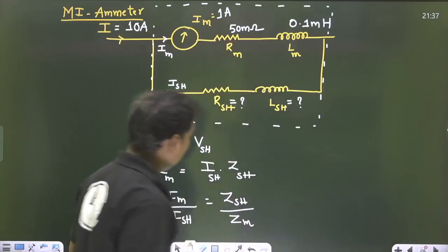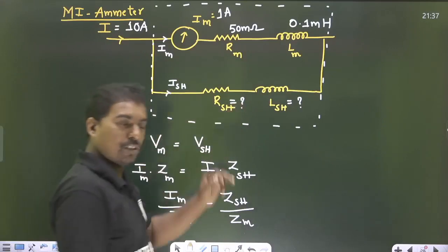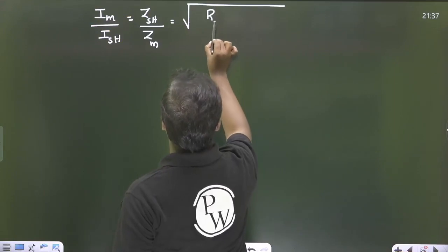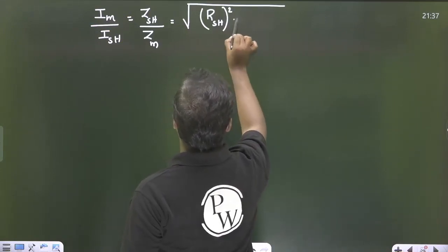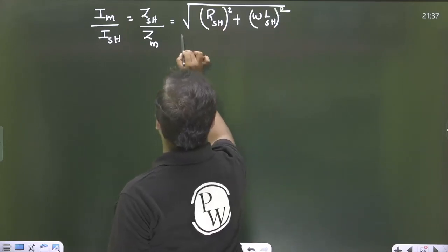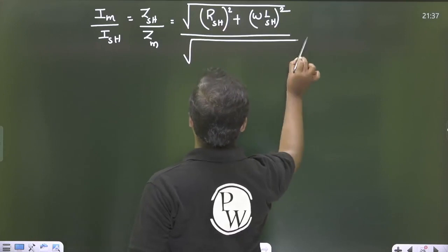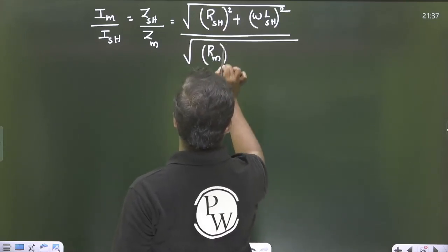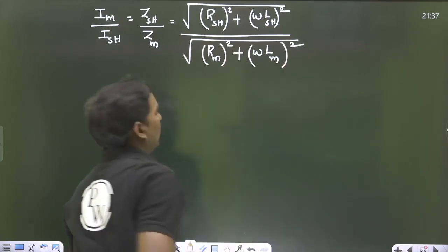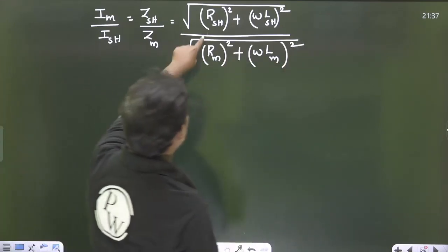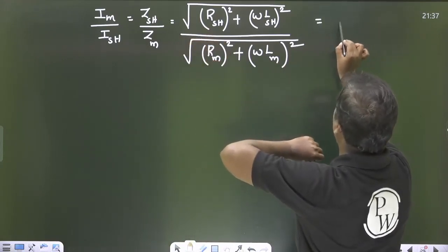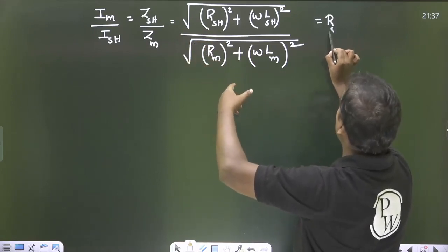If you take the magnitude, ZSH is R plus j omega L, so we can write this as square root of RSH whole square plus omega LSH whole square, divided by square root of RM whole square plus omega LM whole square. Now if I take RSH whole square common, RSH comes out.